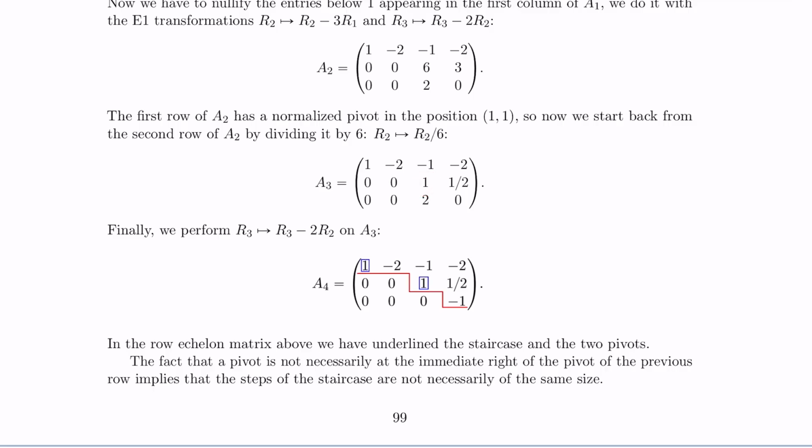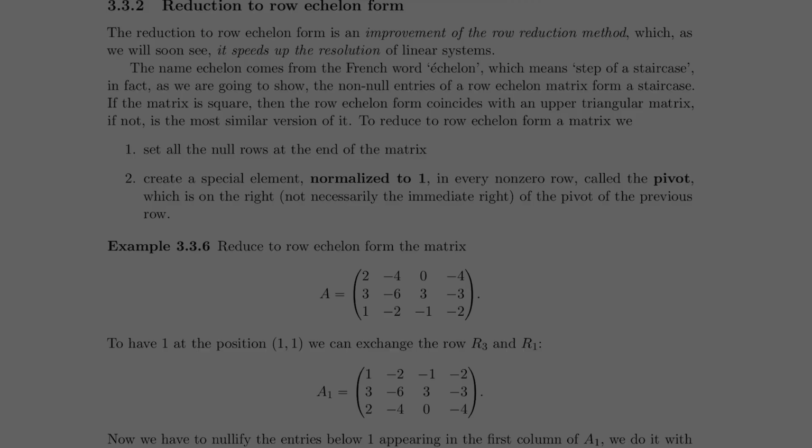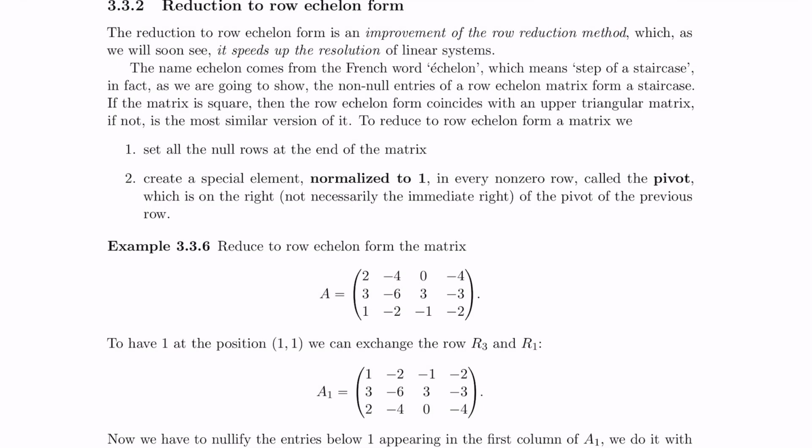Now you can check that this normalized entry becomes the pivot of the second row if we perform this transformation here. What we obtain is this final row echelon reduced matrix. As you can see, I underlined the staircase and the two pivots. As a final comment, let me tell you that I'll explain in a few minutes why it is convenient to normalize the value of the pivot to 1.